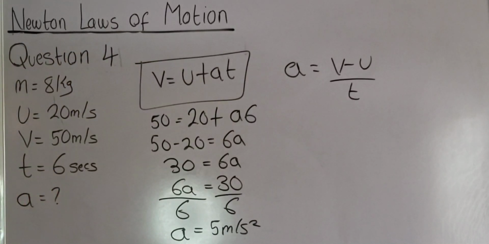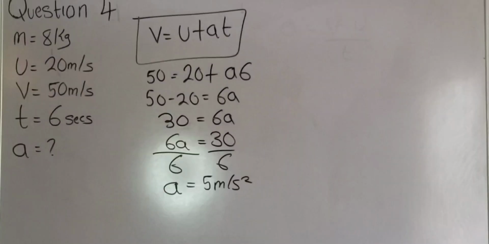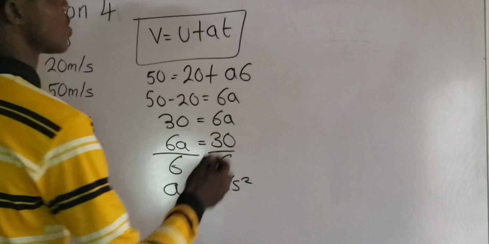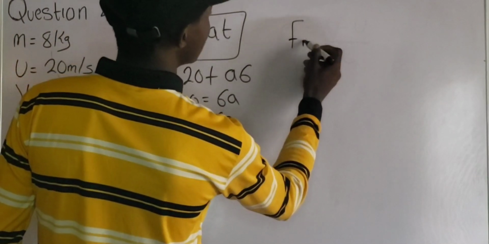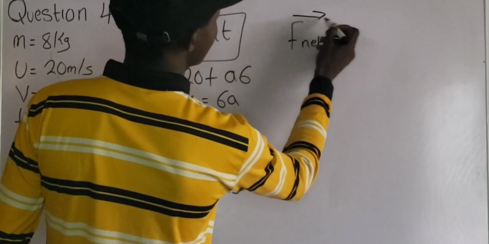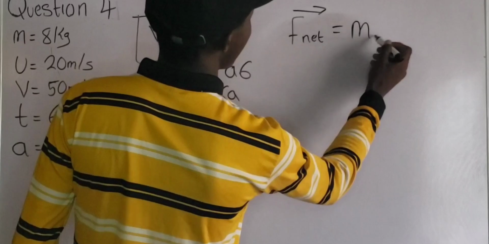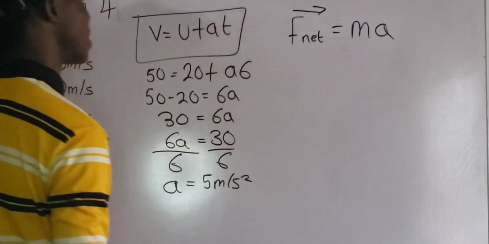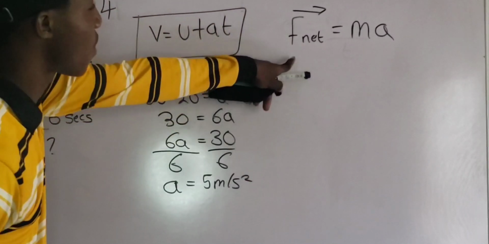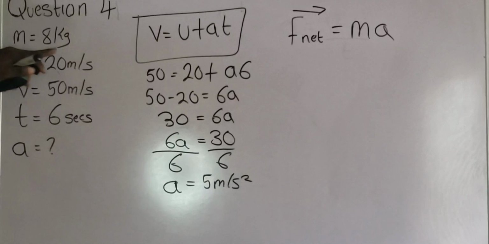Having gotten the acceleration of the object, we are told to determine the net horizontal force on the object. I want you to pay attention here. According to Newton's second law of motion, the net horizontal force is the product of mass and acceleration. The mass that was given is 8 kilograms.